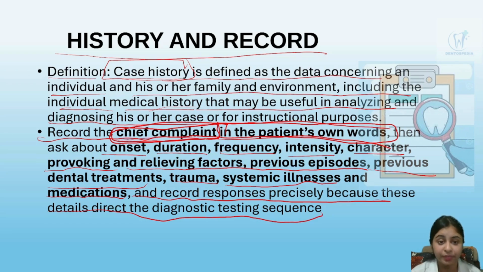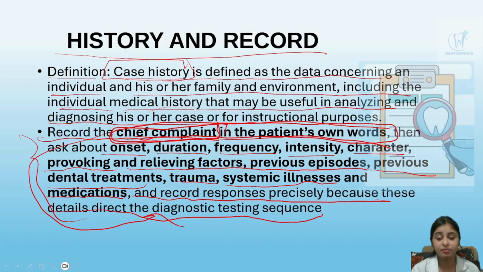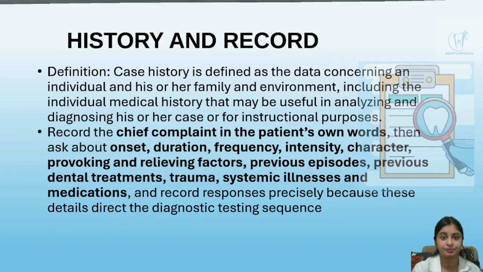As the chief complaint is the main base of the case history, it may impact the diagnosis. So it is very important to take a thorough chief complaint, including all the factors.